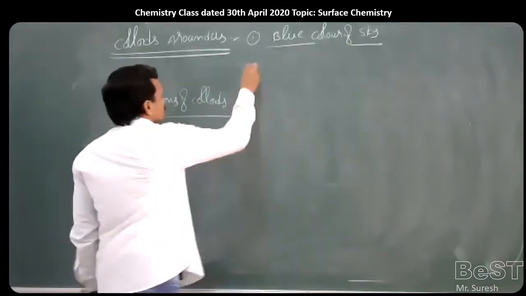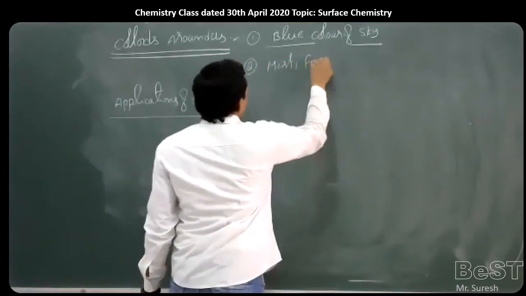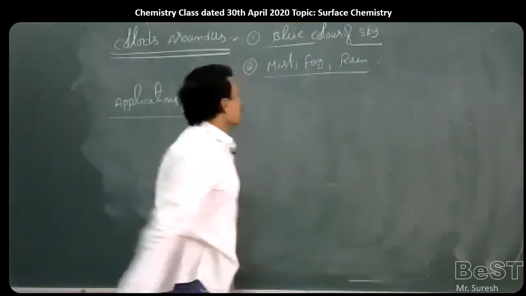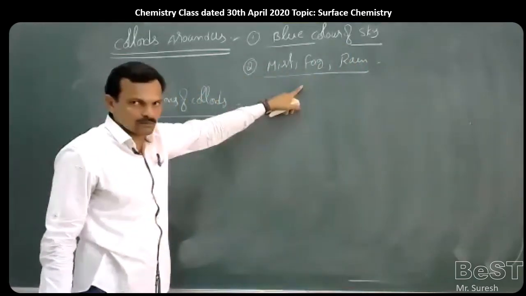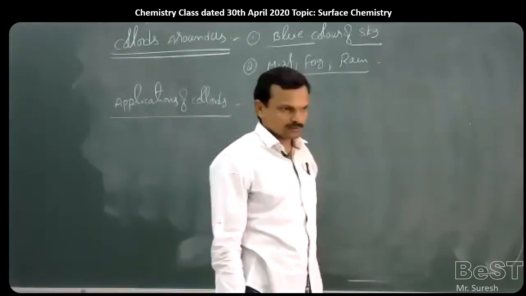This is one. Next, mist, fog, rain. How are mist and fog formed? See, when the temperature is decreased below dew point, then what happens?